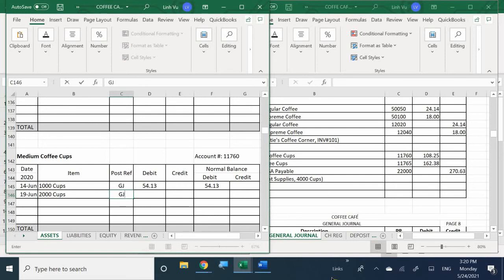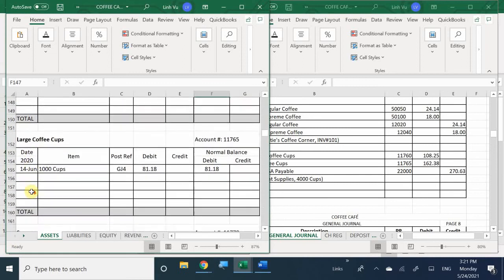Debit for 162.38. Ooh, I didn't even record this one. What was this one? General journal, the first one? I think it should have been 4. Thank you. For 108.25. I was giving you wrong figures. I'm sorry, I was looking at large. It's 162.38 for your total running balance in the medium cups.